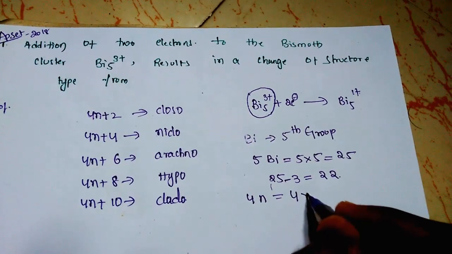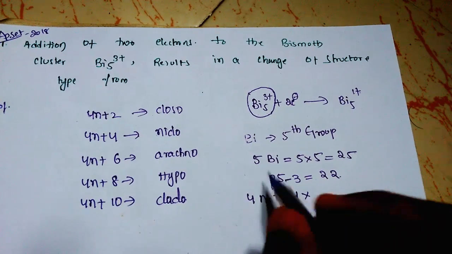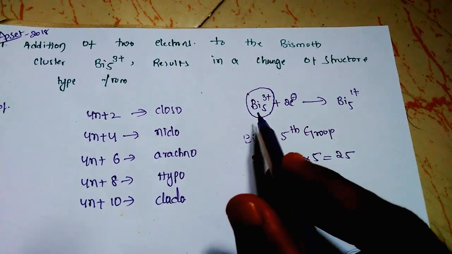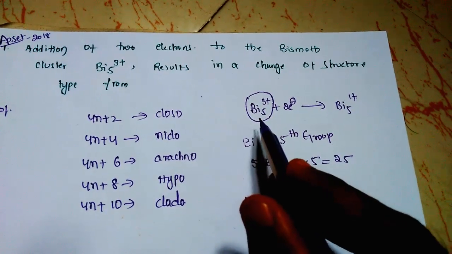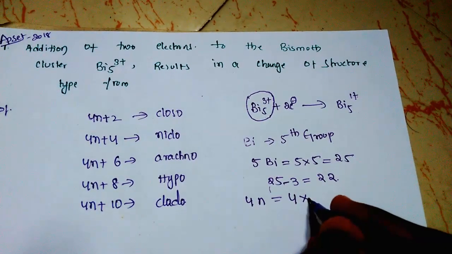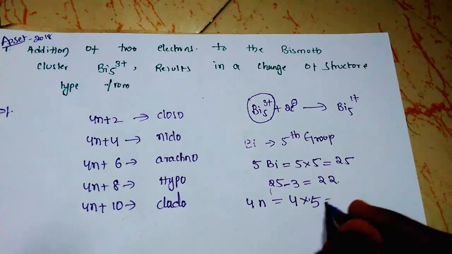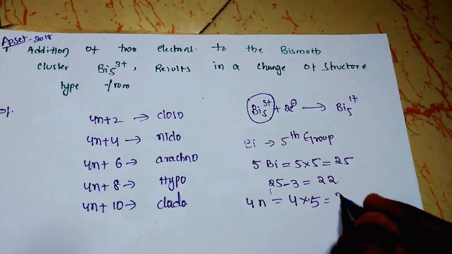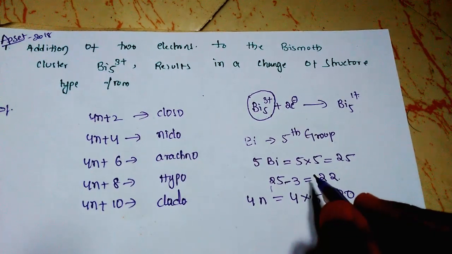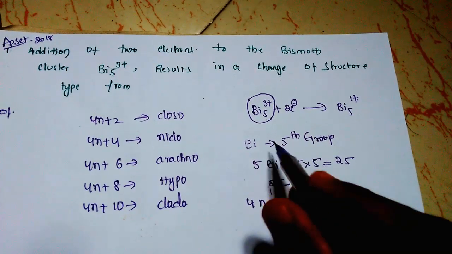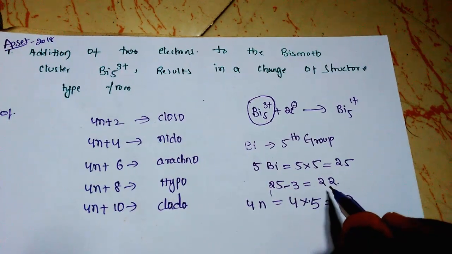Here n is the number of atoms present, that is 5 atoms, so multiplying 4 with 5, we get 20. We already obtained the number of electrons in this cluster, that is 22.